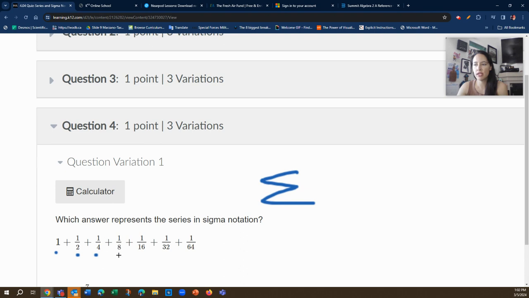1, 2, 3, 4, 5, 6, 7. We're stopping after 7. We're going to start at 1. Let's say it's J. I think it is J. Now, our explicit formula for a geometric series, a sub n, is equal to the first term, a sub 1, times the common ratio raised to the n minus 1.